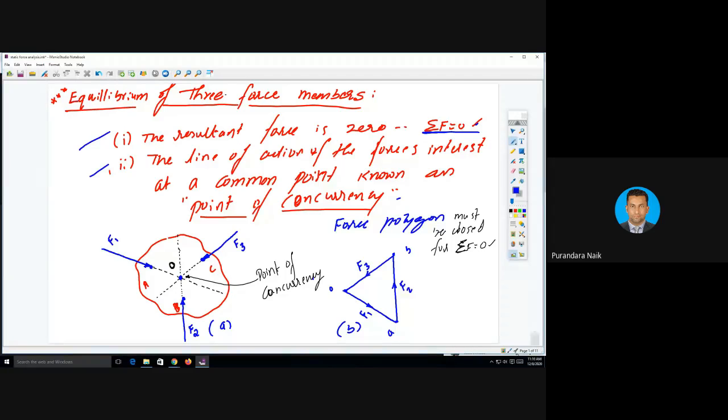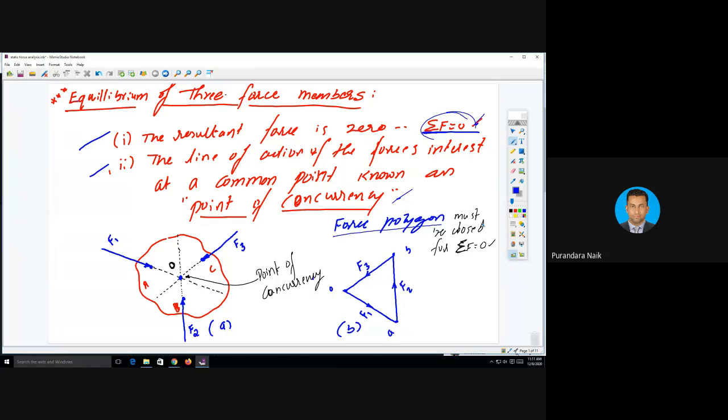First condition, the resultant force must be equal to 0, that is, the summation of all the forces must be equal to 0. And the lines of action of the forces intersect at a common point known as the point of concurrency. Summation of all the forces equal to 0 indicates that the force polygon must be closed. So we need to draw the force polygon.